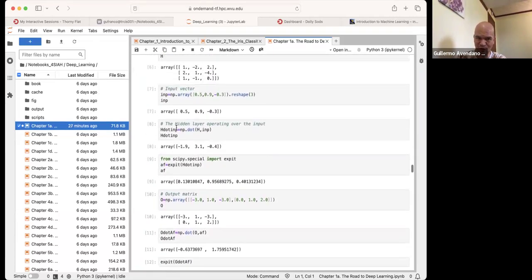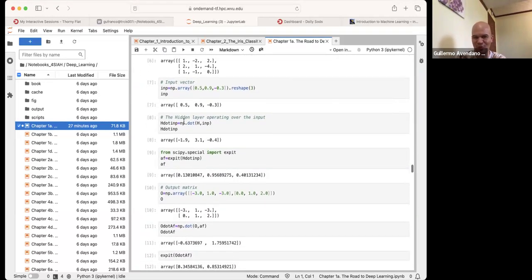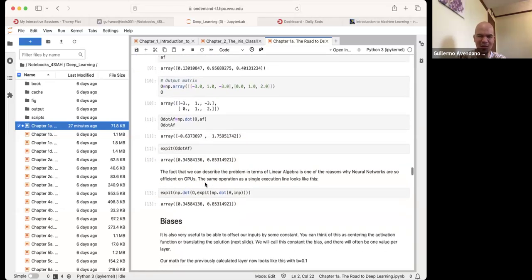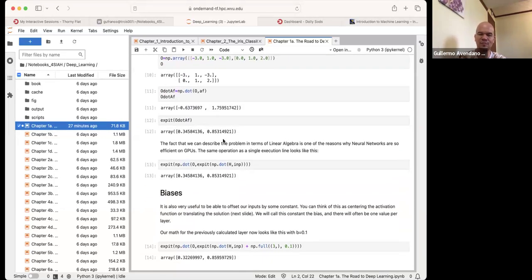So I'm solving this neural network with NumPy. I'm taking the array, reshaping the array, doing a dot product. You see here the dot product on the input and the weights, no bias in this case. For the final layer, I am getting the values here.